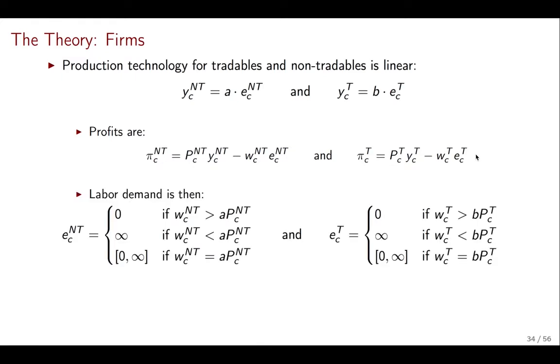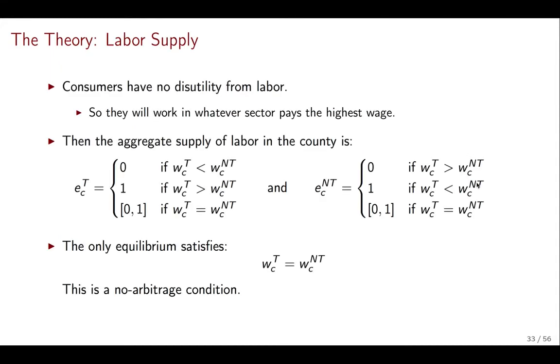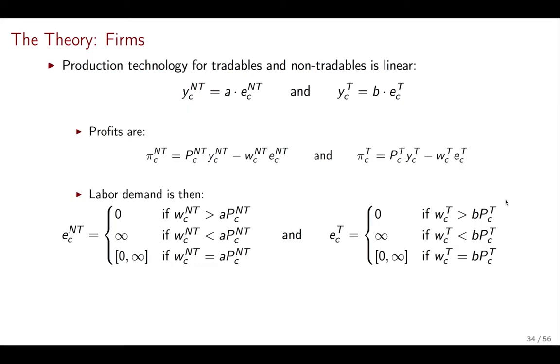Labor demand is going to be perfectly elastic. So this one here, supply of labor, is going to be perfectly inelastic. When you draw it, it's going to look like a vertical line. Here, labor is going to be perfectly elastic. So labor demand is going to look like a horizontal line.